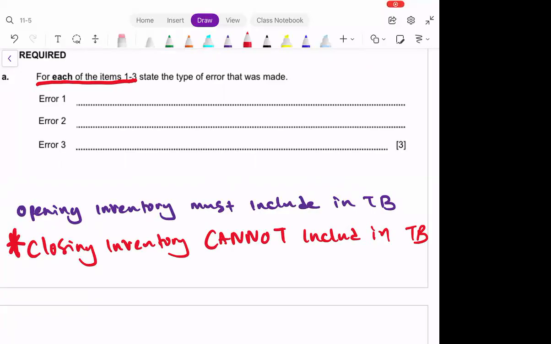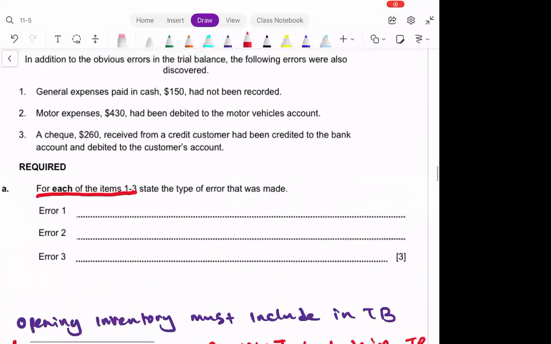Opening inventory, you must record inside the trial balance. Closing inventory, you cannot include in a trial balance. Understand or not? So now, copy that, yeah?